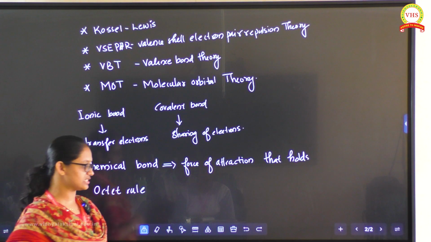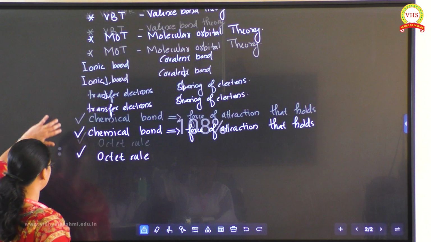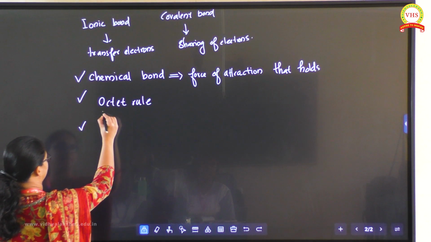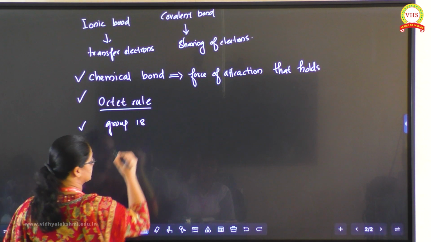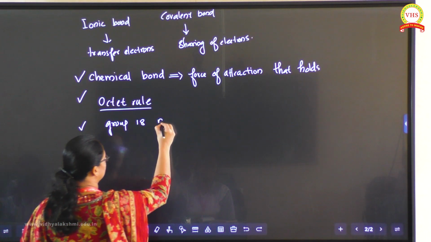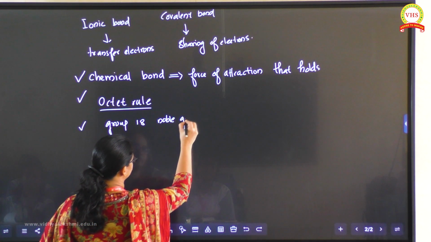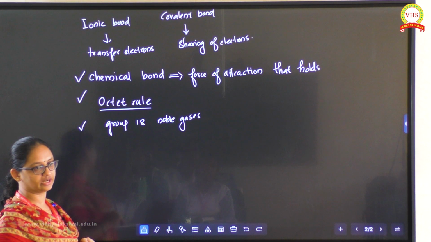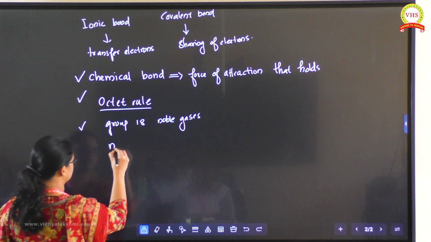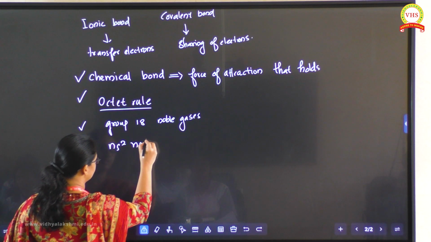Noble gas means, in the periodic table, group 18 elements are called noble gases. What is the electronic configuration of noble gases? ns2 np6.